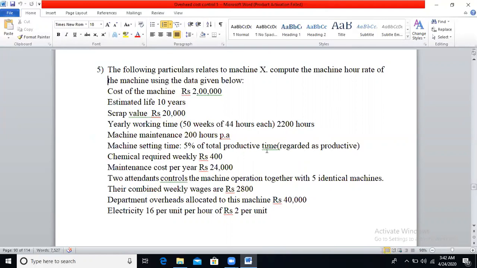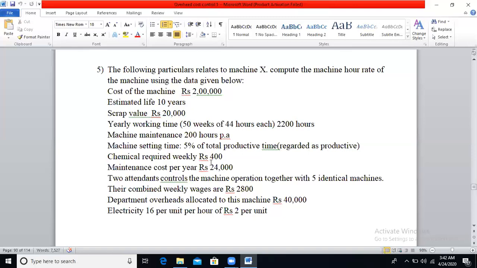But if they have given it as non-productive or unproductive, then you have to calculate this 5% on 2,200 and deduct that value from 2,200. So here they have given it as productive, so we will ignore this item.